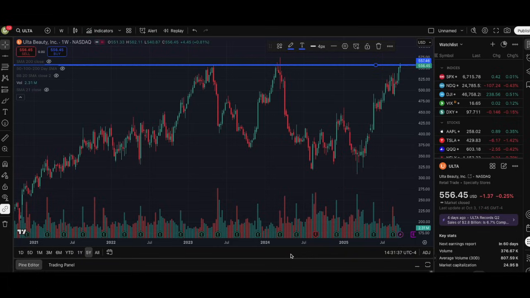Do we believe that ULTA will reject in that range? If we do, we can look to short it. We can look to buy puts on it. It doesn't matter, because what we believe is that it's going to go back and retest those lows underneath this particular price, because we've seen it do that multiple times over a 3 to 4 year period.